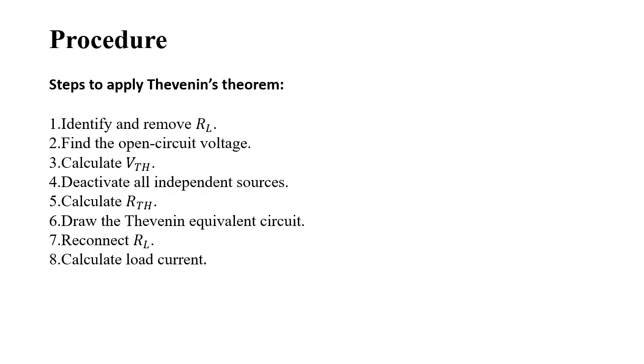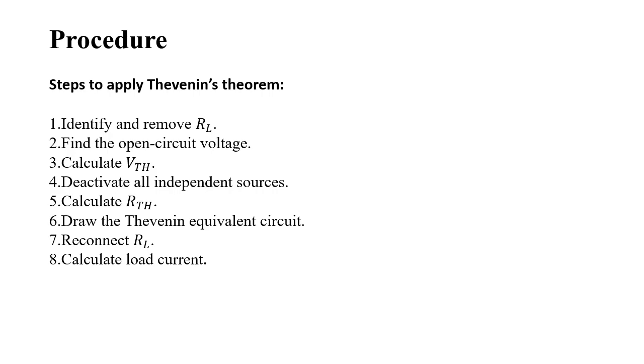I am repeating the steps of Thevenin's theorem one more time. We have to identify and remove the load resistance. Next, find the open circuit voltage and calculate the Thevenin's voltage. After doing this, we have to deactivate all independent sources. Next, calculate the Thevenin's resistance.